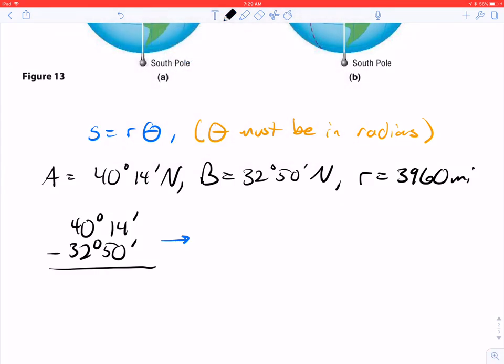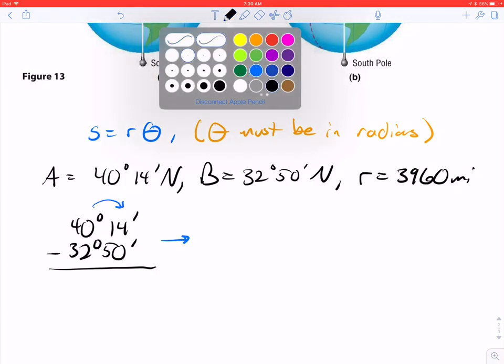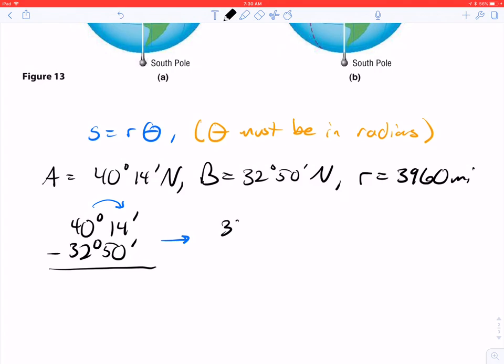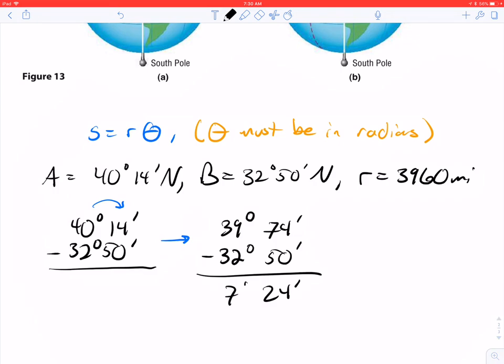So if we borrow 1 from there, the 40 becomes 39 degrees, and then we add 60 to 14, and that gives us 74 minutes. Now we can subtract the 32 degrees, 50 minutes, and that's 24 minutes and 7 degrees. So 7 degrees, 24 minutes is the angle measure between the two cities.